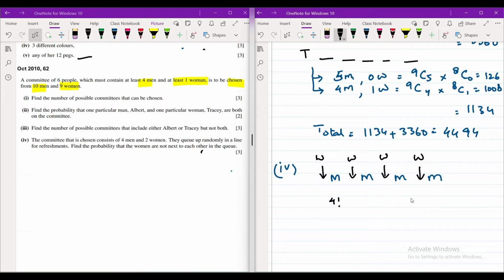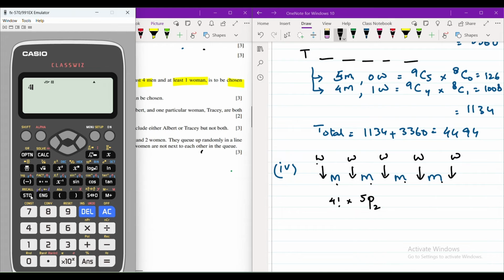So 4 factorial for the men because we have 4 men over here. And for the women, the places, one more. So places that the women can occupy are 1, 2, 3, 4, 5. 5 possible slots or places, but only for 2 women. So we get 4 factorial times 5P2.